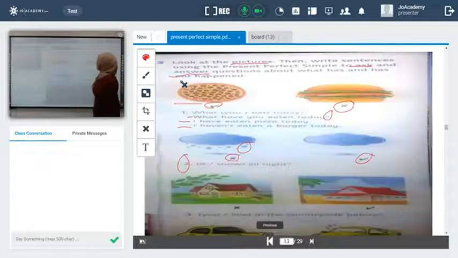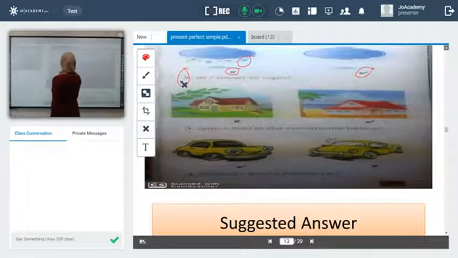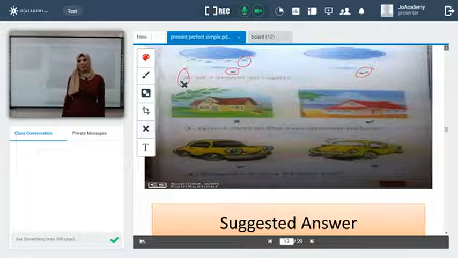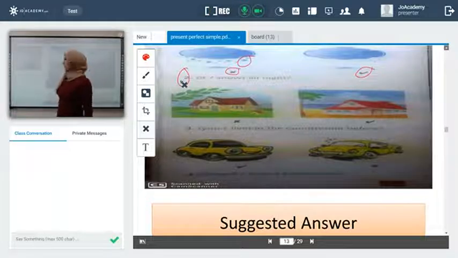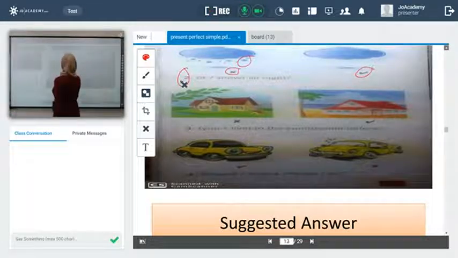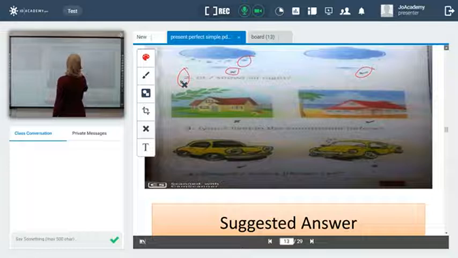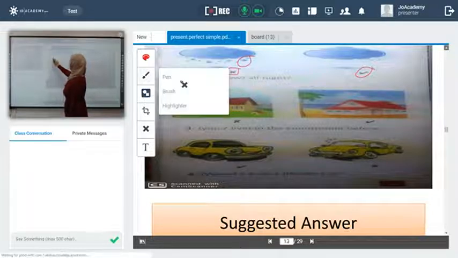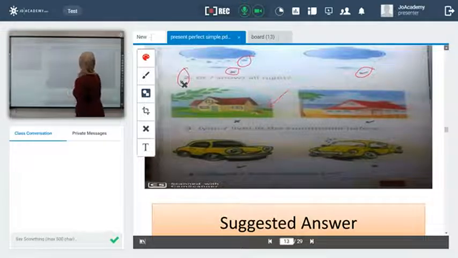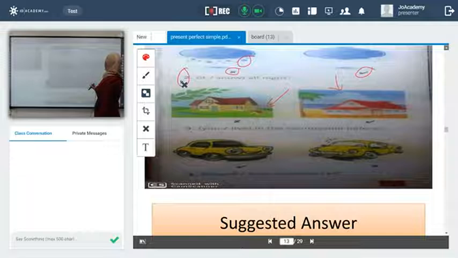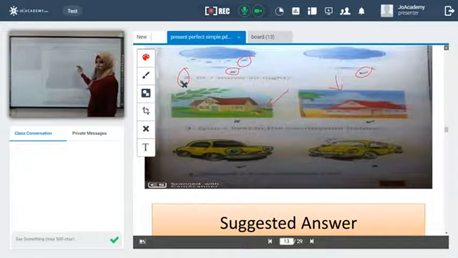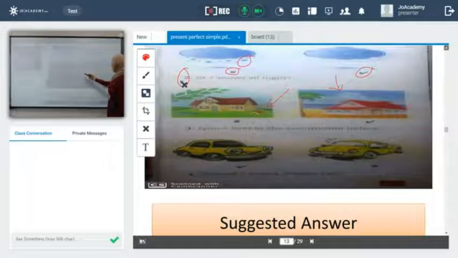Let's go back now and see number 3. Okay, now let's have a look at number 3. And here are the pictures for number 3. Have a look at them. So we're going to ask if you lived in the countryside before.